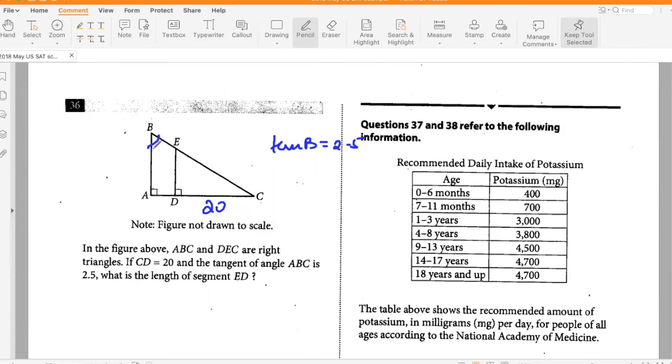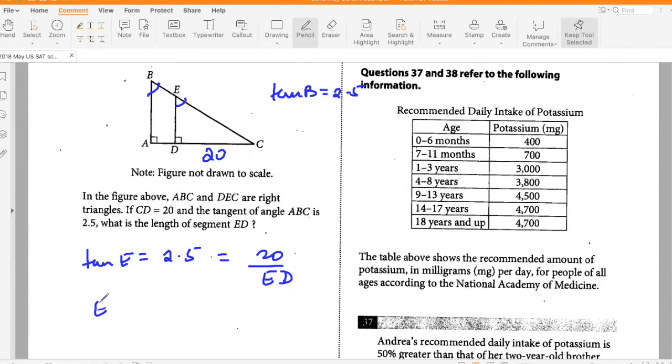So if this is B, then this and this angle are equal. So tan E is also 2.5, which is 20 by ED. So ED will be 20 by 2.5, which is 200 by 25, which is 8. So ED would be 8.